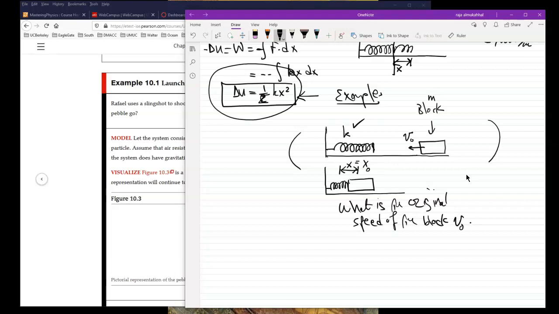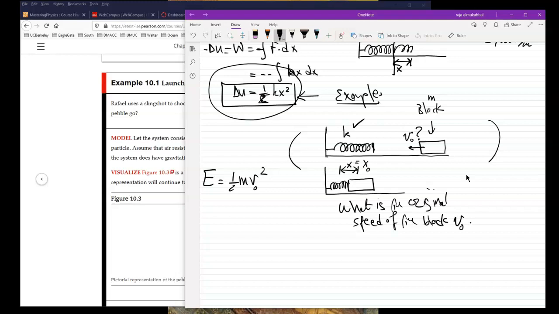But there is kinetic energy of the block, and that's it. So E before collision is equal to 1/2 mv naught squared for the block. The mass m is given to us, and v naught is the unknown. That's what we are trying to find.